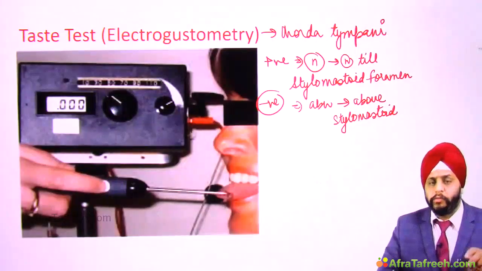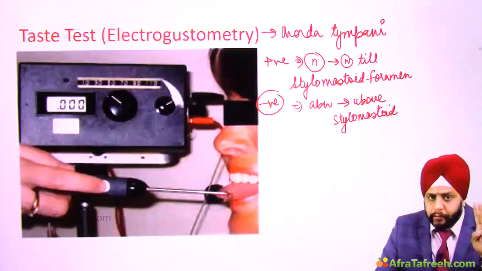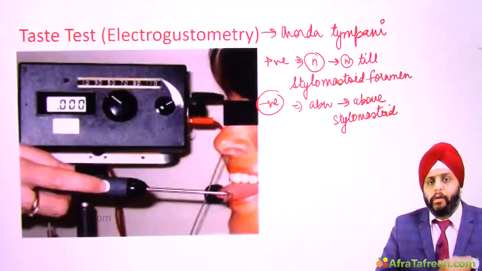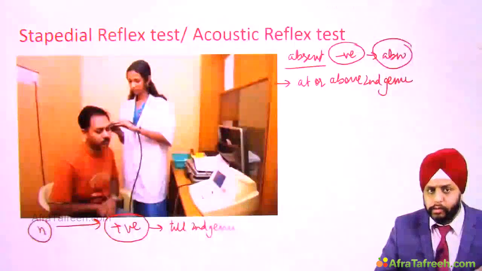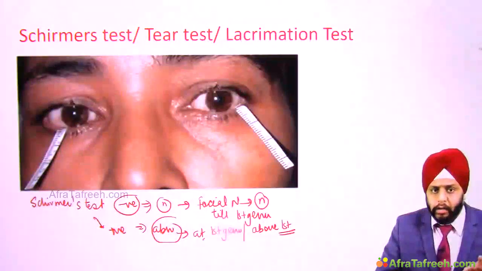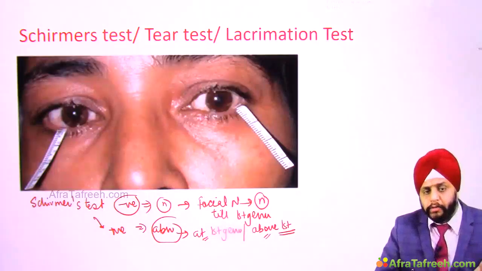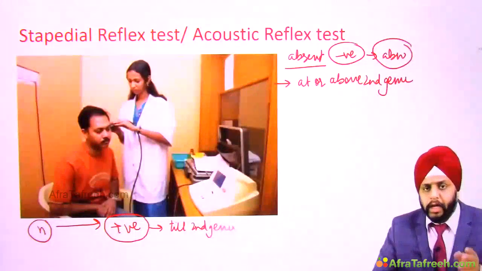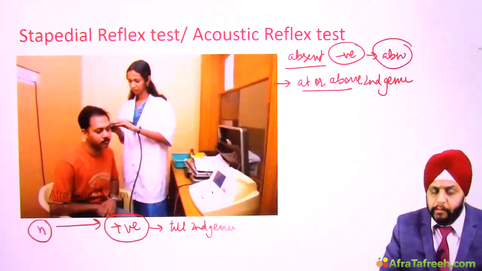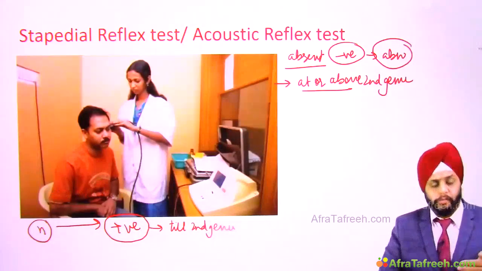Now you see, I have not used the word "at" here. In the previous two tests, in the tear test and the stapedial reflex test, I used the words at or above some place. In the tear test I used at or above first genu, because the nerve was arising from the first genu. In the stapedial reflex again I used at or above second genu, because the nerve was arising just after the second genu.